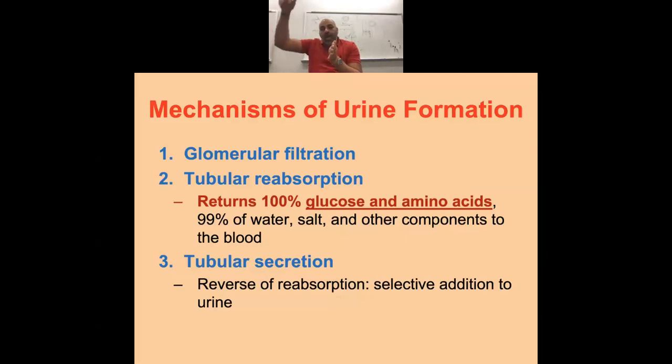As that filtrate is going along in the nephron, at different points, like the DCT, for example, your transmembrane proteins can add in like 5 more milligrams. So when you look at the urine, someone could have 15 milligrams of penicillin in there because of that tubular secretion. So we can see more of a certain metabolite or material in the urine than the actual GFR would give because of secretion, okay?